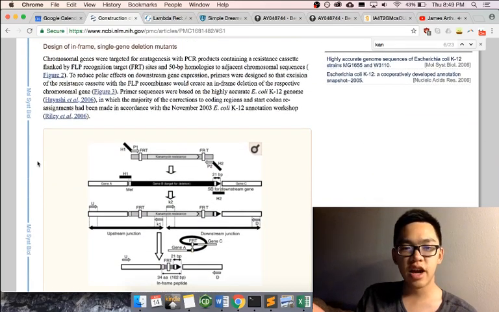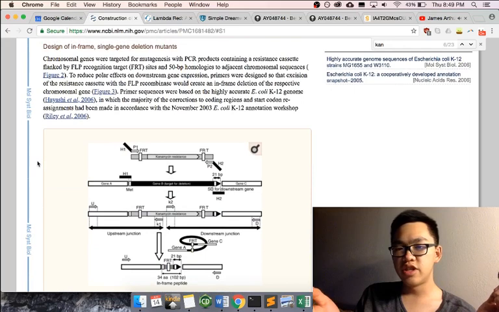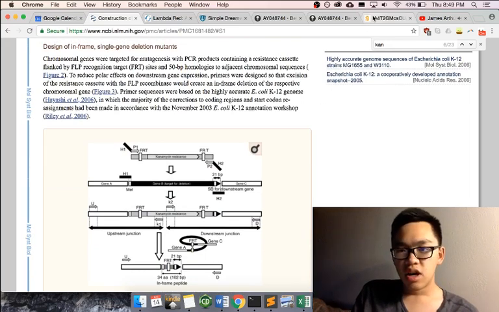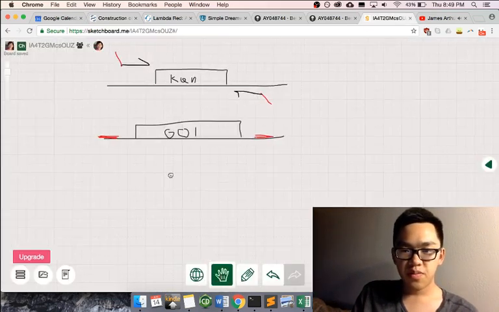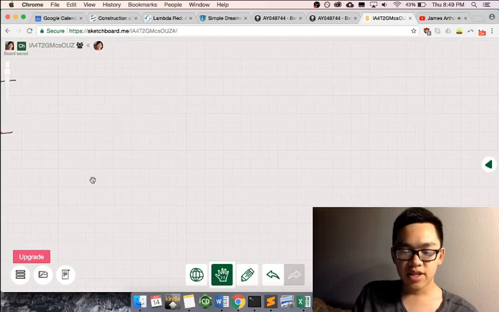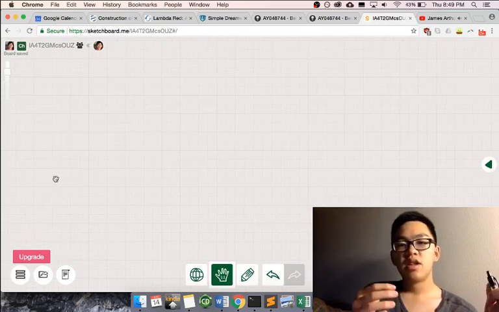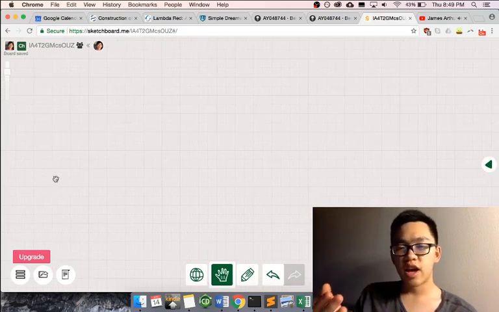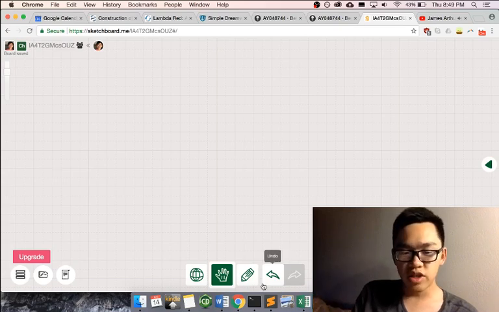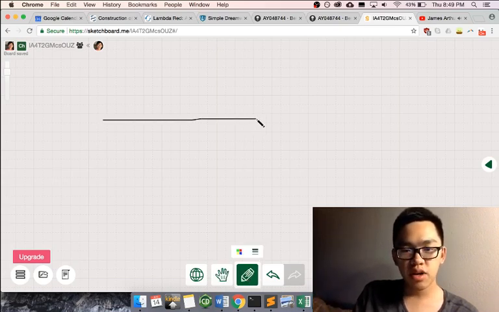So, talking about the design of the in-frame single gene deletion mutants. The construction of Keio collection strains was actually quite simple. First off, we started with the wild type genome of MG1655.